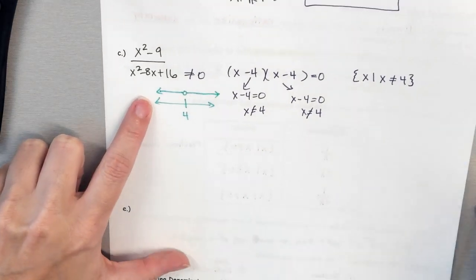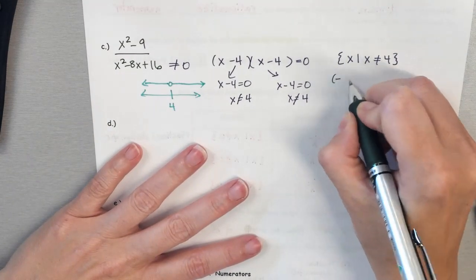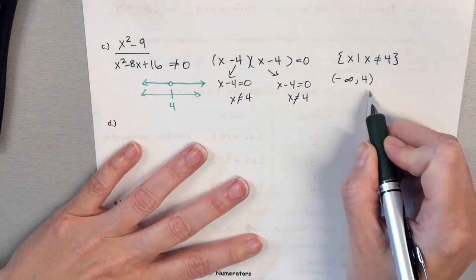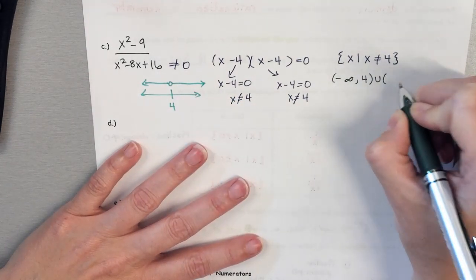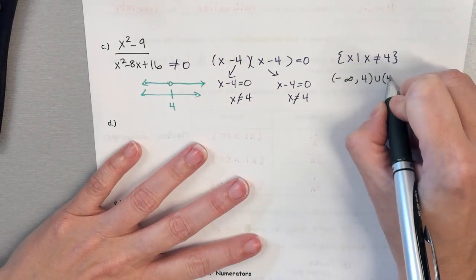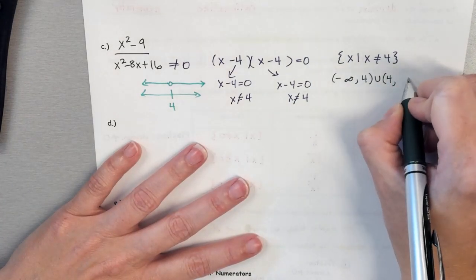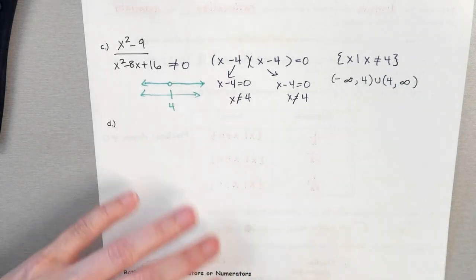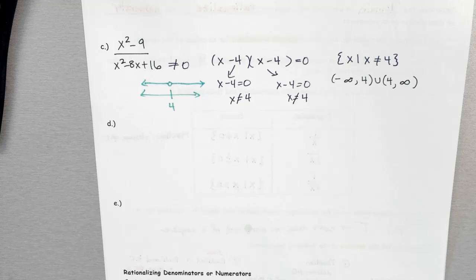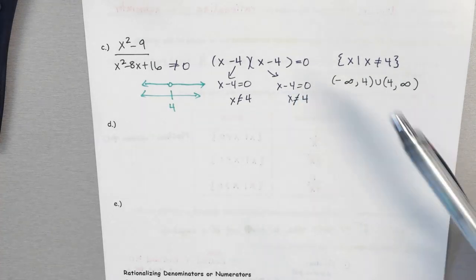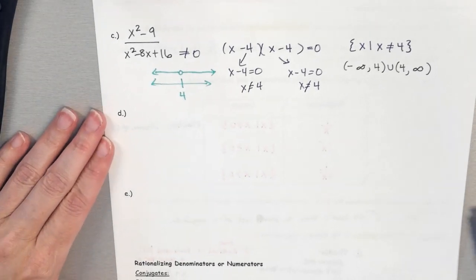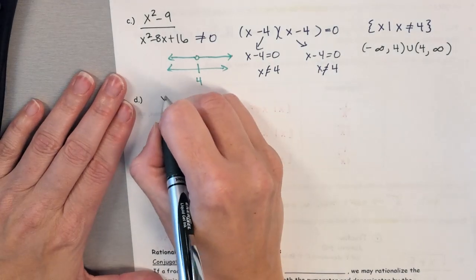In this case, the lowest value would be -infinity, and it would go up to 4, but because it doesn't include it, we have a soft bracket, and then we do a union, and you have to use the 4. You can't just jump to the whole numbers because that misses all the decimals in between. If it just excludes one number, you'll have a union: -infinity to 4, union 4 to infinity. All right, let's try D.